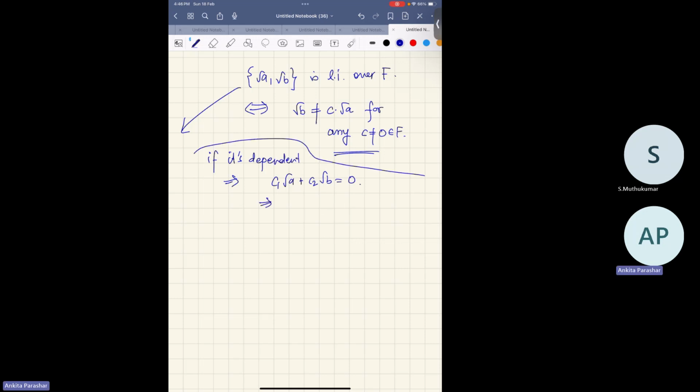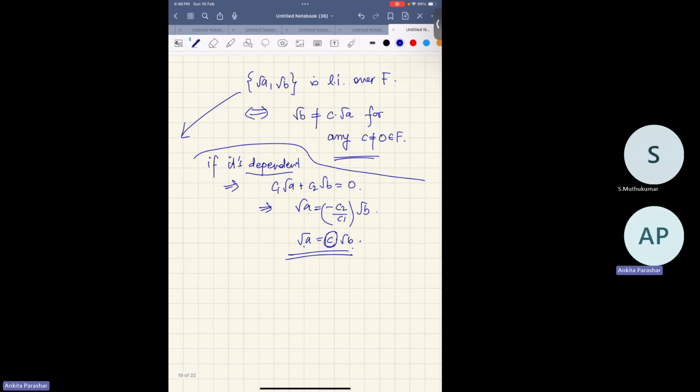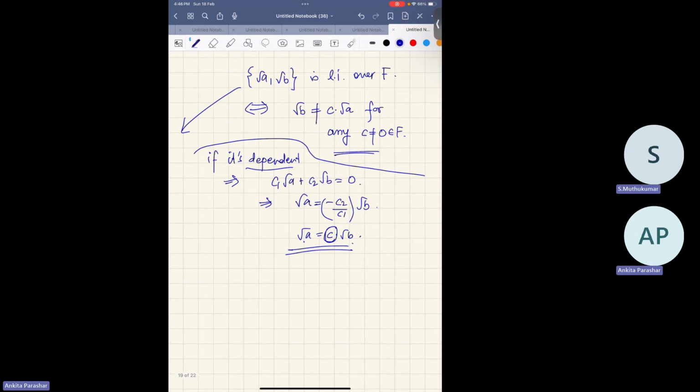Therefore, I can divide by one of the non-zero elements and write root A equal to minus C2 by C1 times root B, which is nothing but root A equal to C times root B. So if it is dependent, then you can find one scalar such that one element is a scalar multiple of the other, because our set has two elements only. If it is linearly independent, you cannot write one element as a scalar multiple of the other element for a non-zero scalar. This is okay, right?